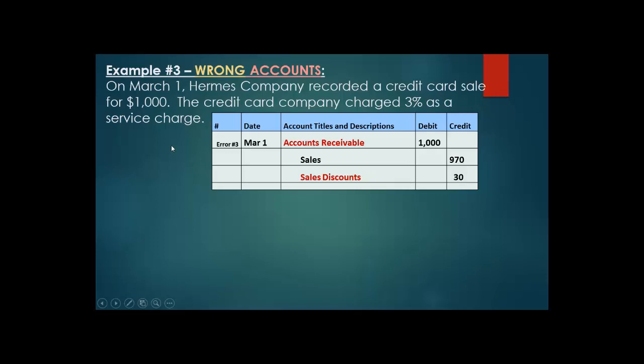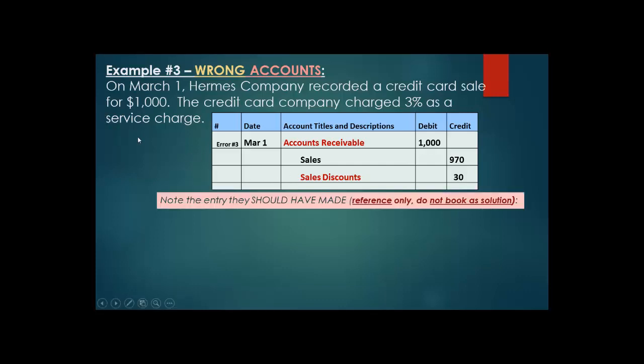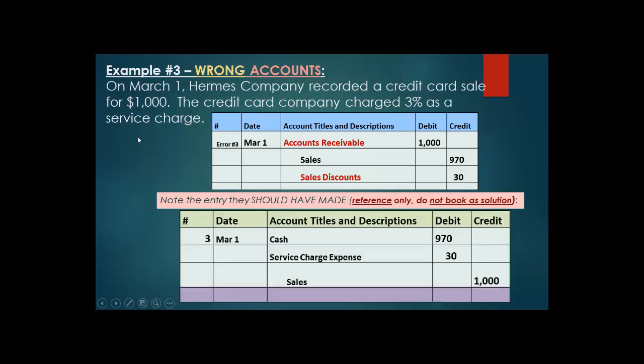Now we know from the textbook that credit card sales are treated as cash sales. So the entry should have been debit to cash, debit to service charge expense, and credit to sales. Quite a bit different. So how do we get from this error to this correct journal entry with one journal entry?